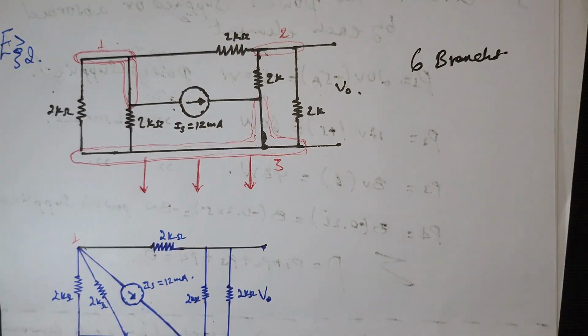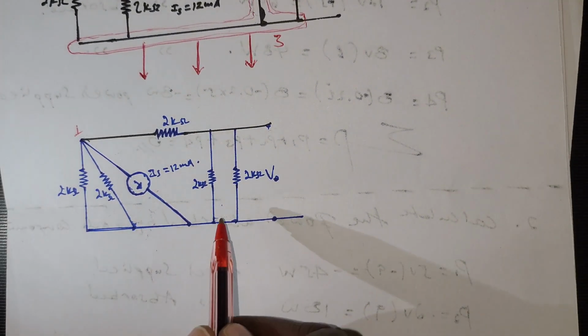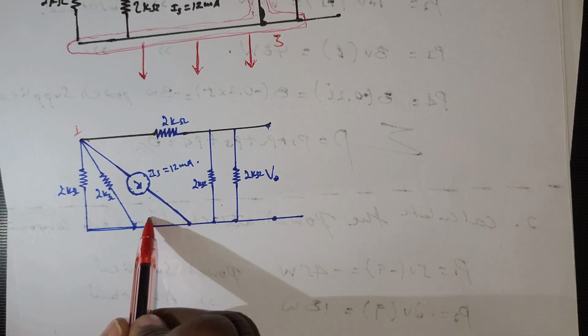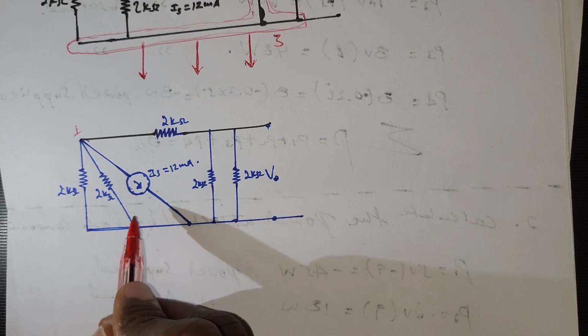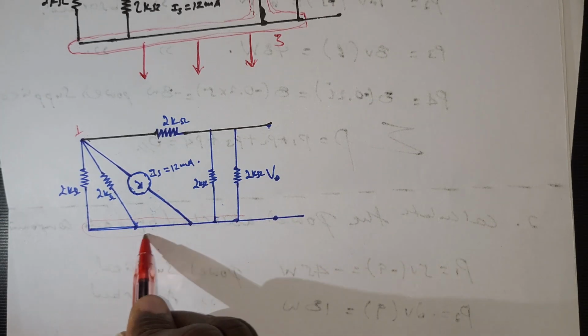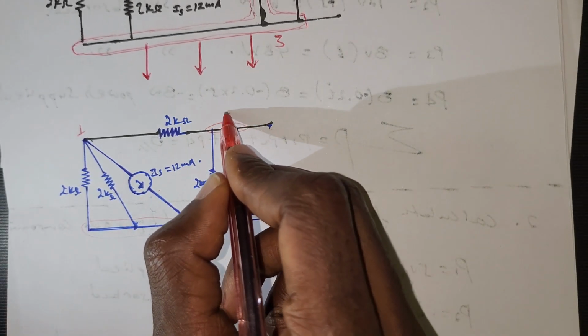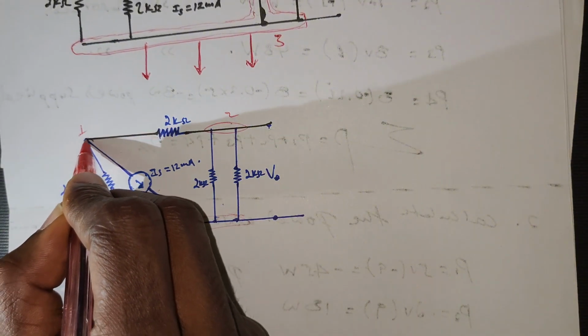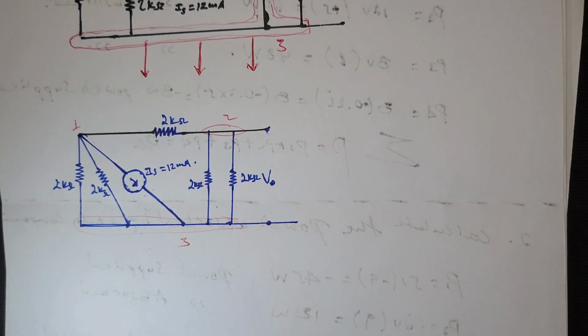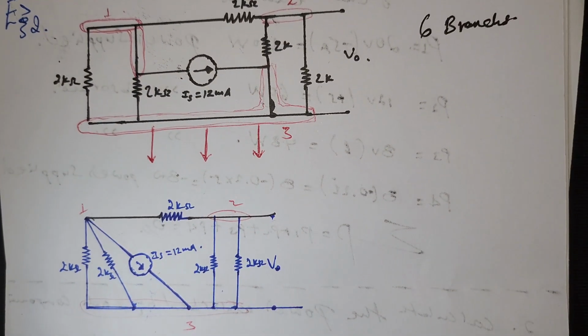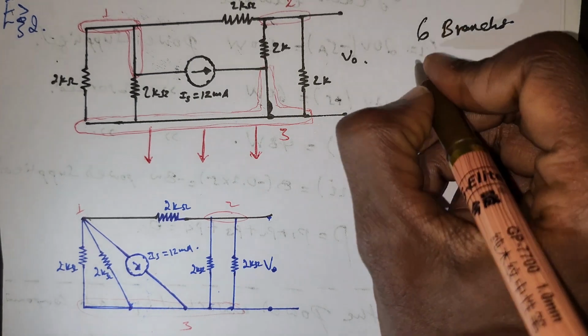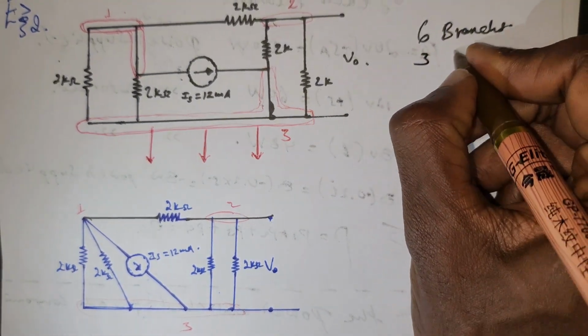As you see, the base node is reduced into this one, the third node. This is the second one. This is the first one. So this circuit has three nodes.